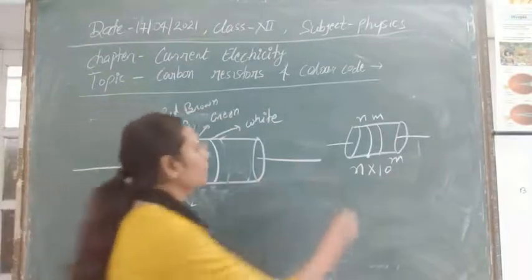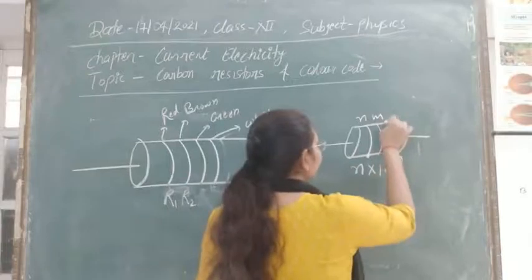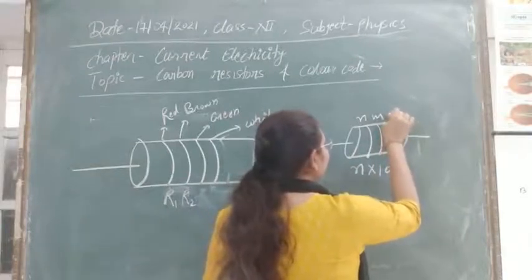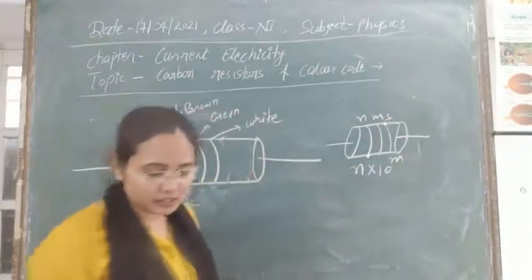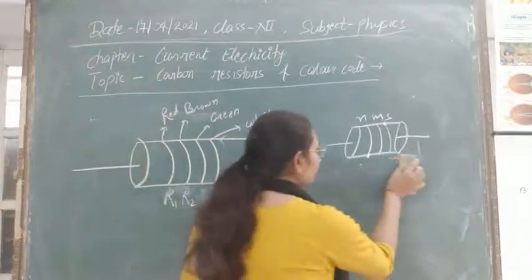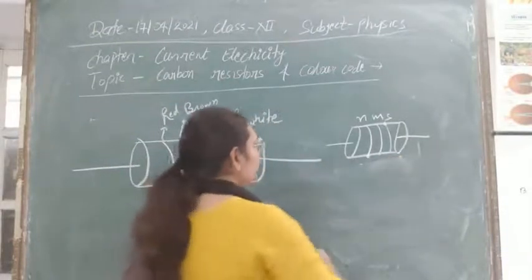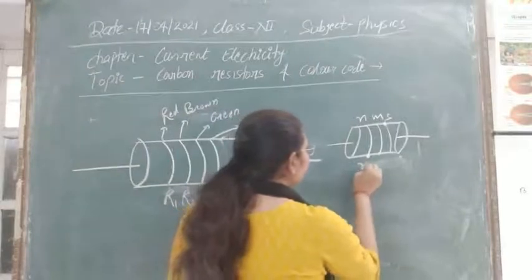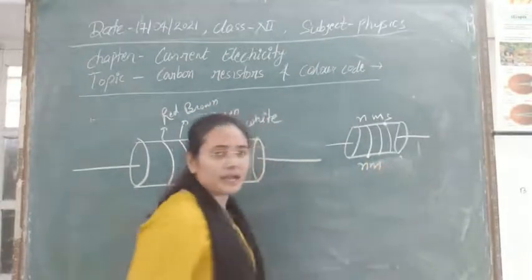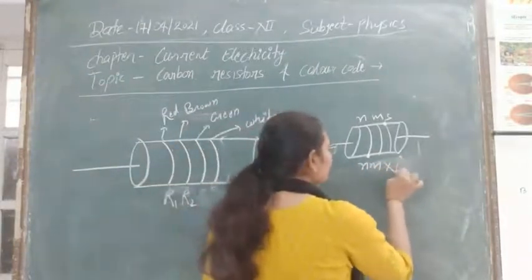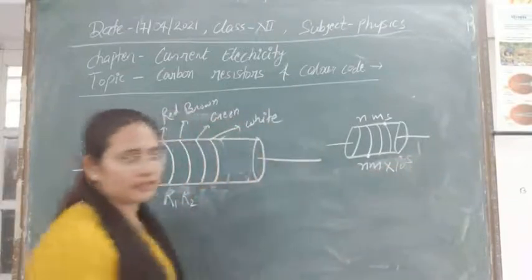If we have 3 bands, and for the third band some number S is assigned, how can we write the resistance? For the first 2 bands we will write the numbers as they are, this will be M N, into the multiplier for the third band.